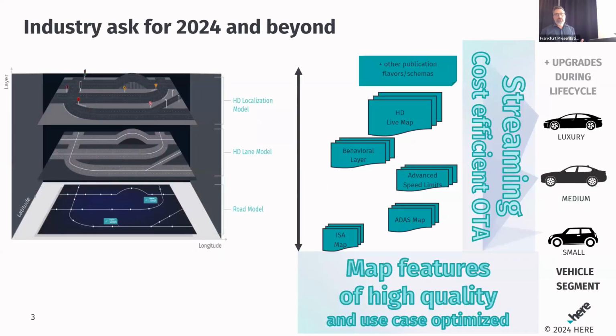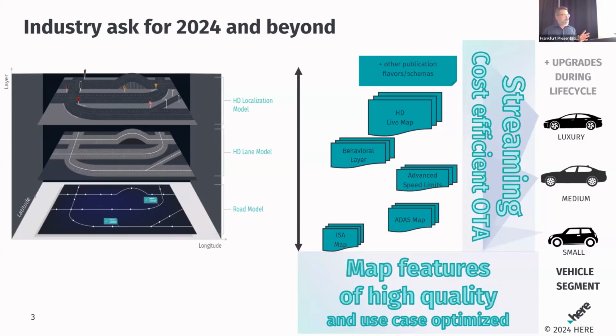So what are we trying to solve? The industry ask for 2024 and beyond is more or less clear. Obviously, map features of high quality are a given, but these map features also have to be delivered in a way that matches use cases.